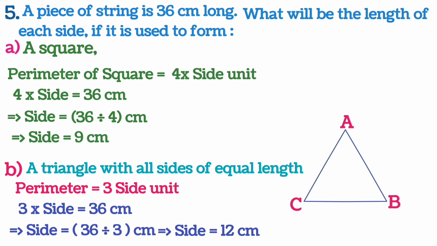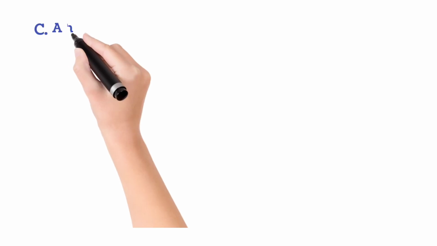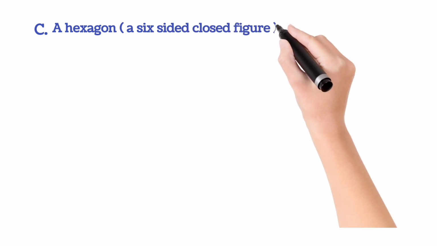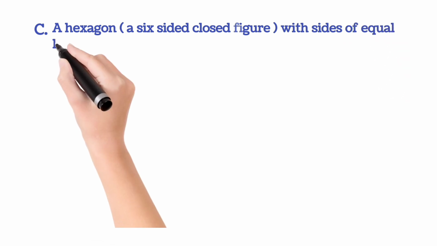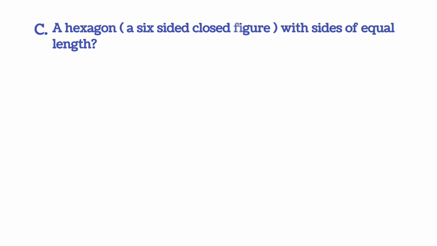Now go for question number C. Let's see what they have given. In question number C, they have given a hexagon. A six-sided closed figure is called a hexagon. Square, rectangle, all these are called polygons, and if all sides are equal, they are called regular hexagon, regular pentagon.